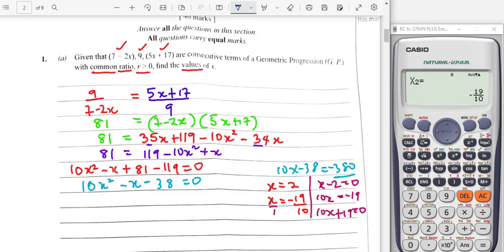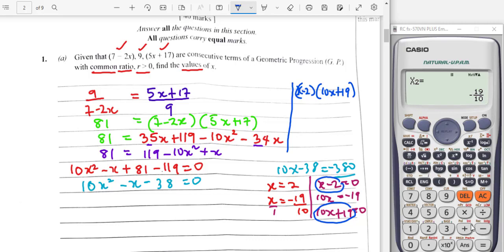So I'm going to multiply these factors. In other words, I'm going to expand and see. So let me do some rough work here. It's going to be something like this. I have x minus 2 multiplying 10x plus 19. As a matter of fact, if I solve this, this is what I should get. These are the factors I have to get.